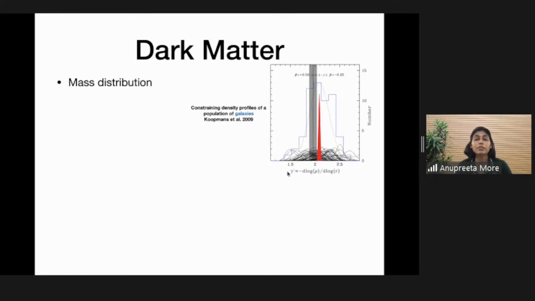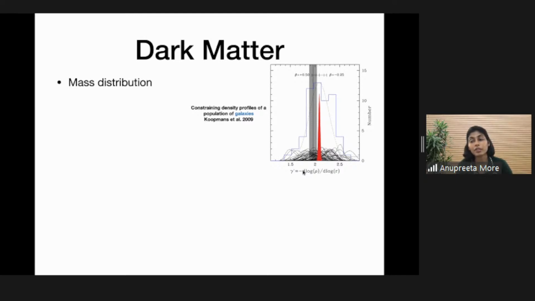For example, we can use the kinematics of the stars within the galaxies. For some of the nearby galaxies, we can measure how fast the stars are moving, what the velocity dispersion of the galaxies is, and we get an idea of the mass based on the stellar kinematics.